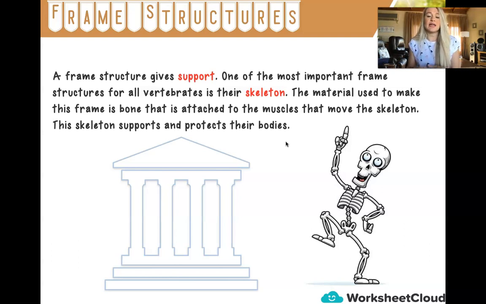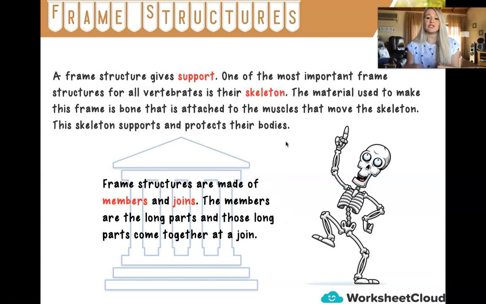It frames our body, and our skeleton also helps us move. There are various functions of a skeleton that you do learn in a little bit more detail when you reach grade 5. But a skeleton is there to help you move. It supports the body, and so on. So a very good example of a frame structure is actually our skeleton.